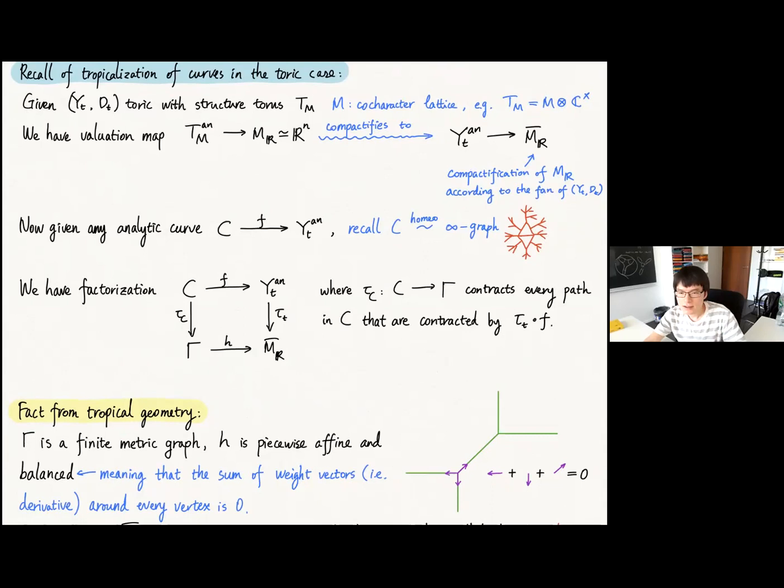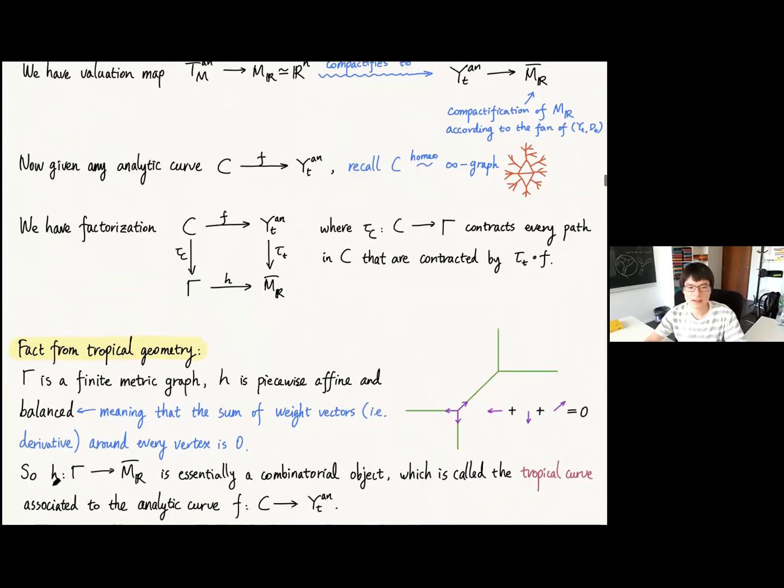So here is a picture of a tropical curve. This green graph is gamma, a finite metric graph. It maps in a piecewise affine way to R^2, our plane, and it's balanced, meaning that, for example, at this vertex, we take the sum of the 3 weight vectors, the 3 derivatives, and they add up to 0.